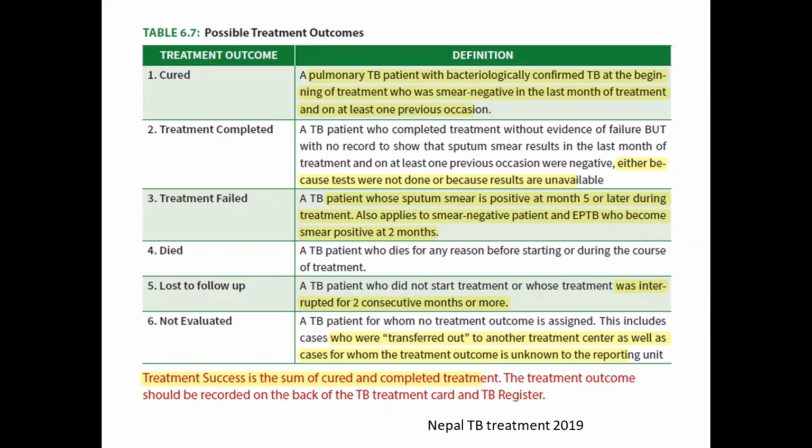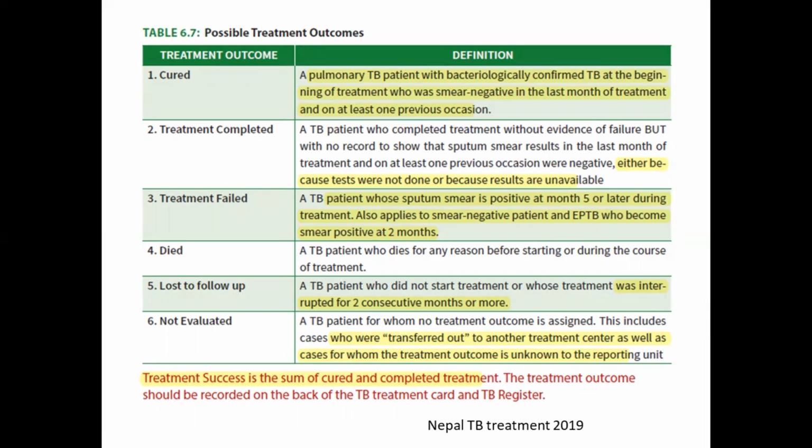The patient may get cured. That is, the patient who was initially confirmed with tuberculosis has got sputum negative in the last month of treatment, and on at least one previous occasion. And the patient who has completed the whole treatment is known as a patient with treatment completed.